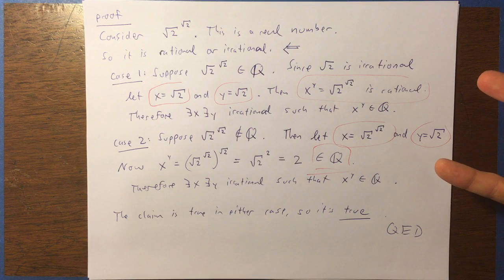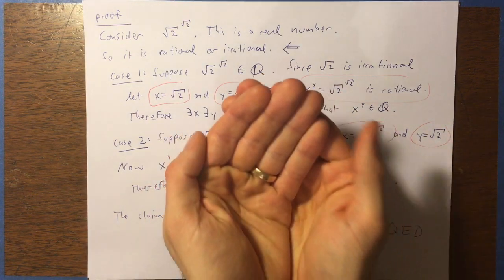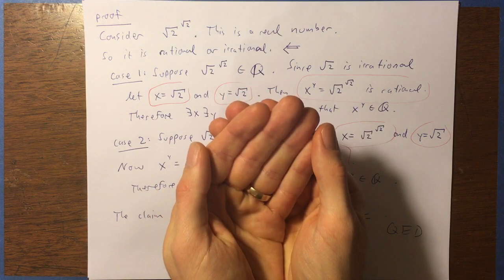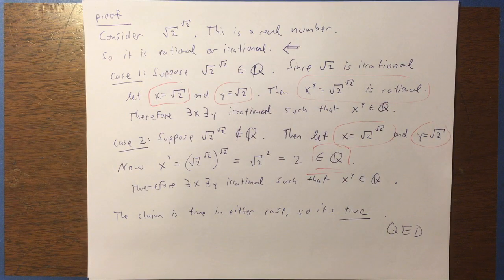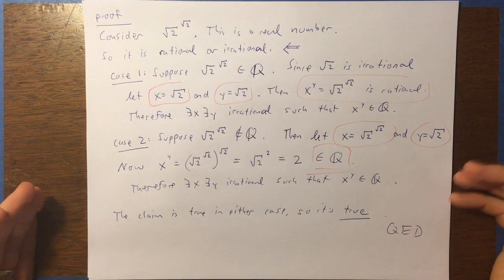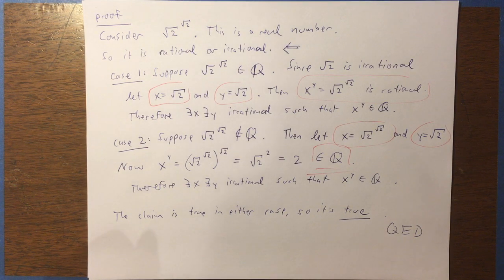So at the end of the proof, you don't actually have an example in your hand. You just proved that an example must exist because in either of the two cases you can find one, but we don't know which case we're in. So that's why this is technically a clever, non-constructive proof.